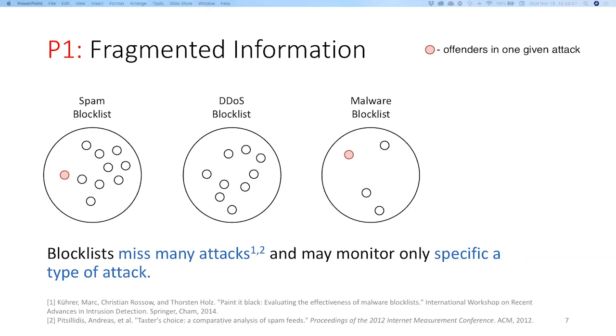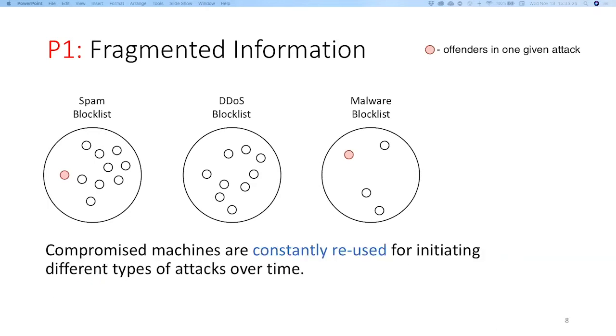This has been observed in much research, where researchers looked at different types of block lists and tested whether they are capable of detecting attackers, and they often found that they are not that great at detecting attacks. The reason they don't detect is that they focus on specific attacks and do not focus on the general badness of the entire IP address.